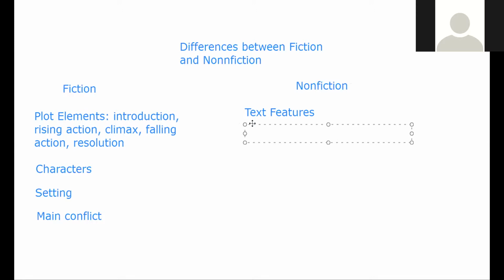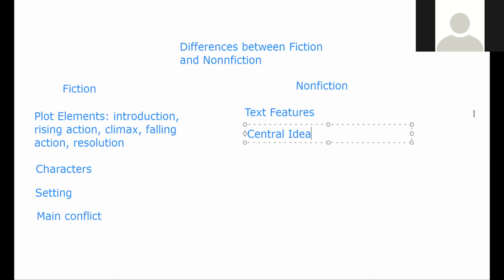What do the text features help us find? What is the central idea? Yes. Okay. So when we're looking at nonfiction, we're looking for the text features. We're looking for the central idea.